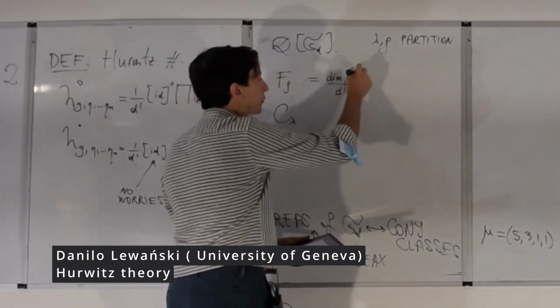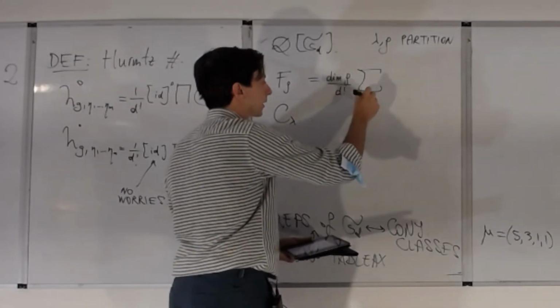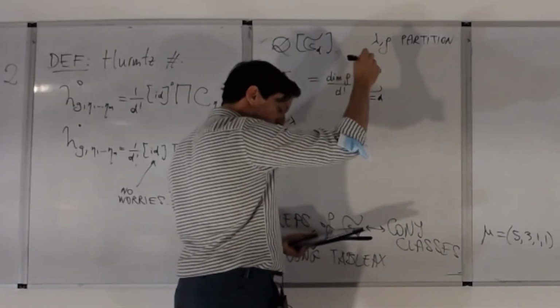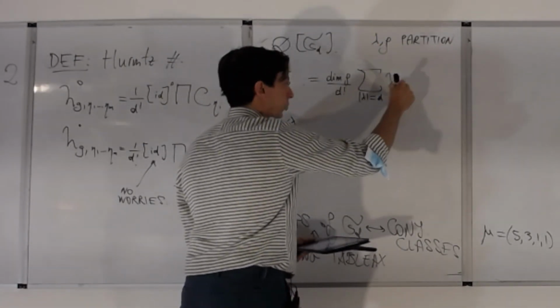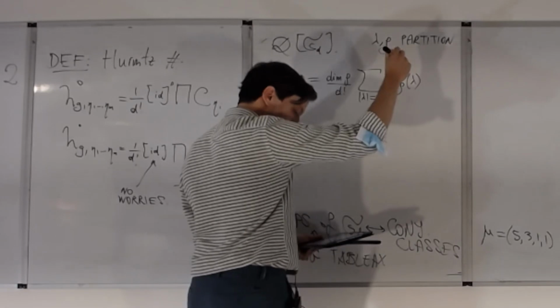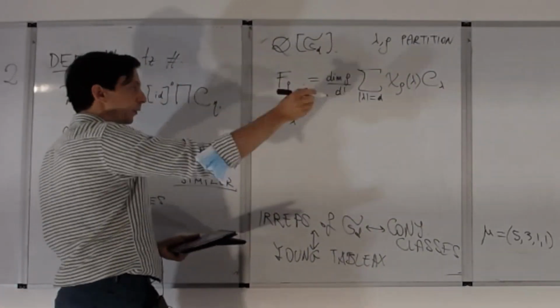And here now you sum over lambdas, such that their size is d. And here you just put the character of the irreducible representation rho, evaluated at lambda. And then you take C lambda. And you can invert this.